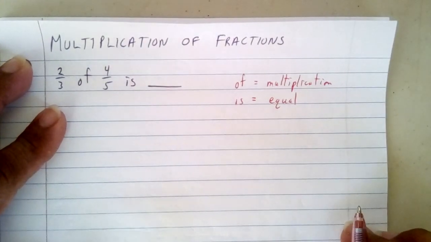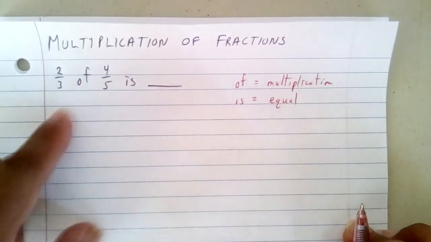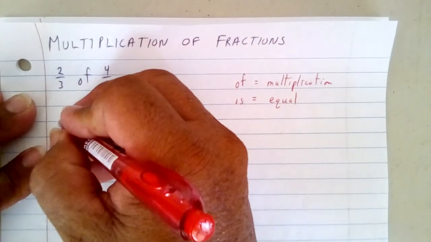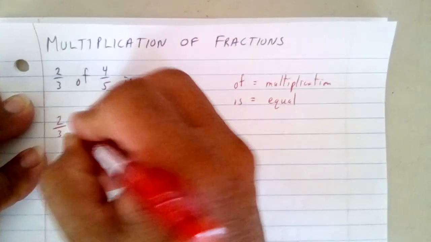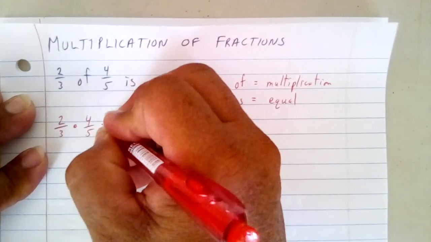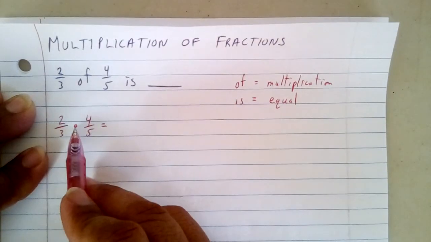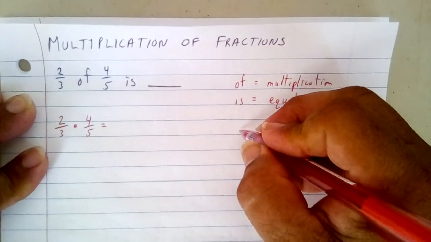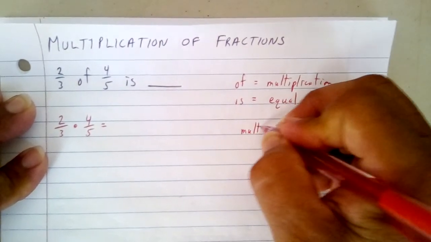Okay, so we can translate this to symbols now. This translated to symbols will be 2/3 times 4/5 equals.